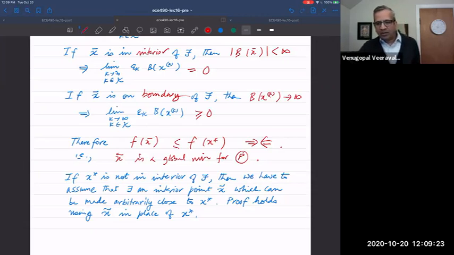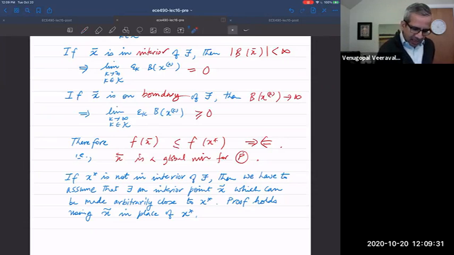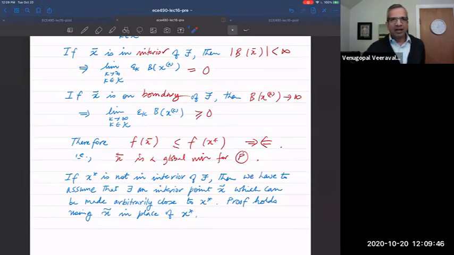Then we need to assume that the function and the constraints are such that there exists an interior point which can be made arbitrarily close to x star. Then what you do is replace x star by that x tilde, and you can show that you can get arbitrarily close to the optimal solution through the barrier method. Okay, that's the best you can hope to do.